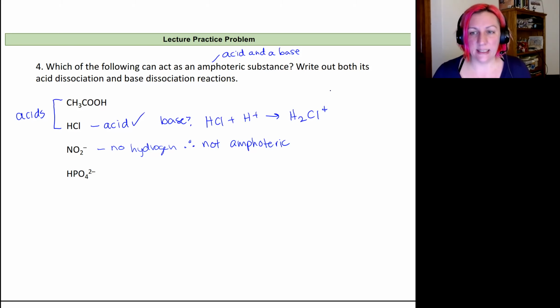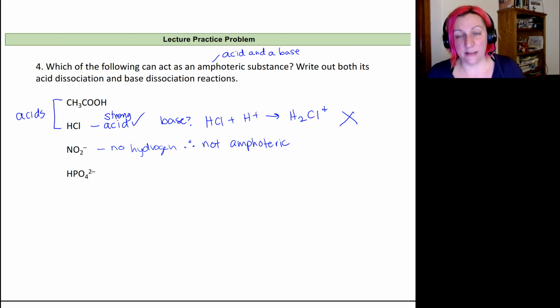We don't really see this molecule, and in terms of what we've given you so far, we haven't talked about the structural features that make this less likely yet. So it's harder to see. But in general, it won't be an amphoteric substance. A lot of this comes from the fact that hydrochloric acid is a strong acid, and a strong acid will rarely form a base.